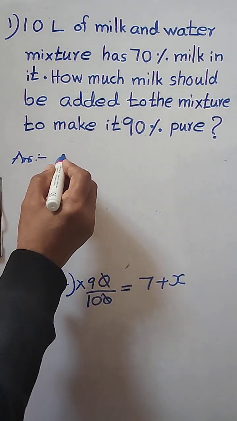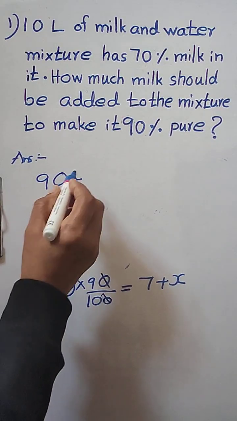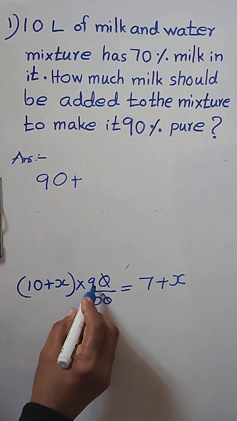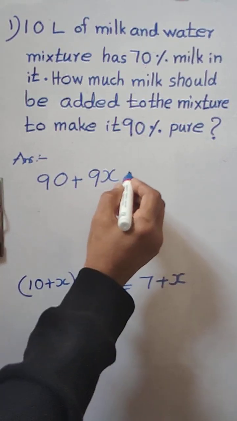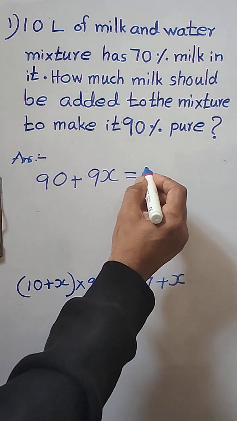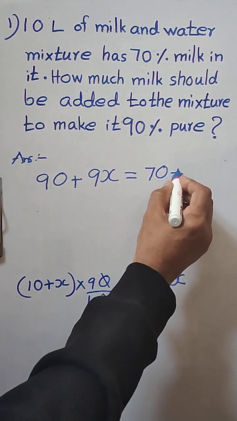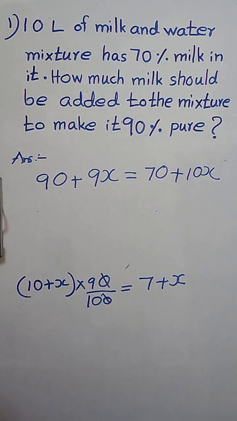Ten into 9 is 90. 10 into 9 into X is 9X, is equal to 10 into 7 is 70, plus 10 into X is 10X.